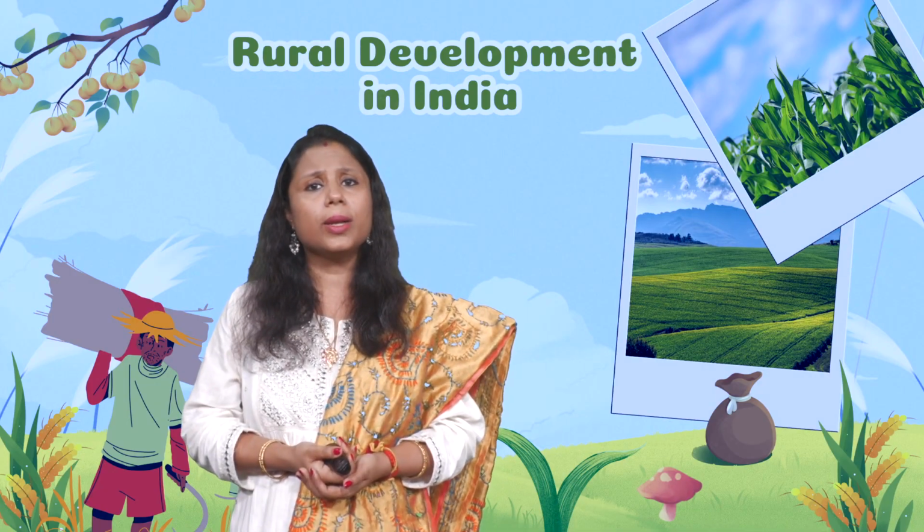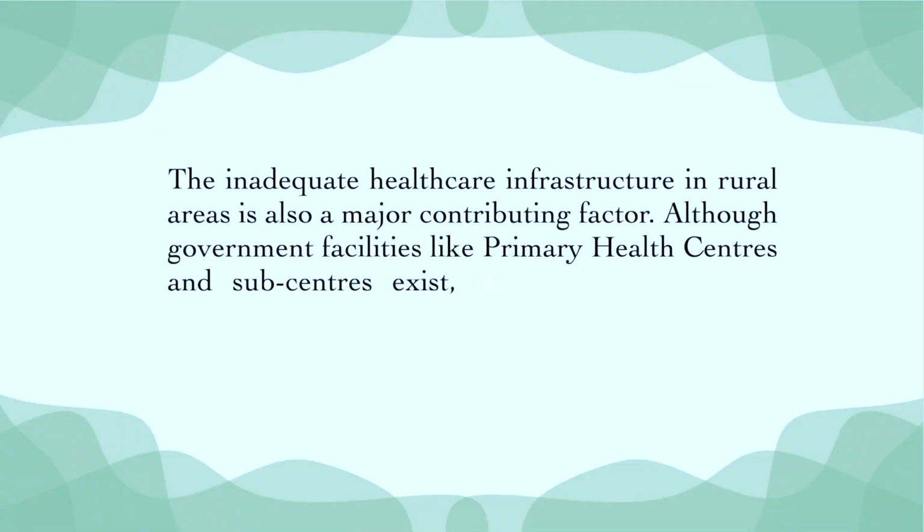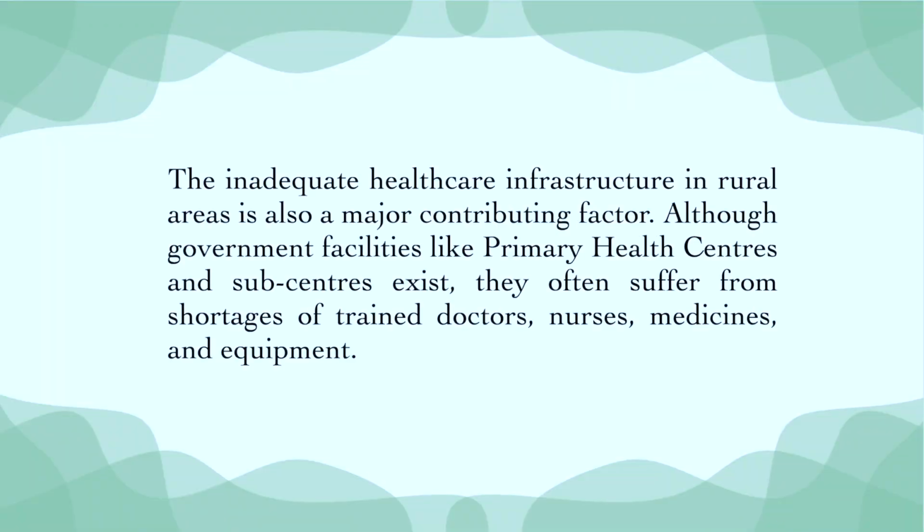Thirdly, the inadequate healthcare infrastructure that we have been discussing in the rural areas is a major contributing factor to poor health and nutrition in rural areas. Although government facilities like primary health centers and sub-centers exist, they often suffer from, as we have already stated, a lack of trained doctors, nurses, medical equipment, diagnostic equipment, medicines, and so on.